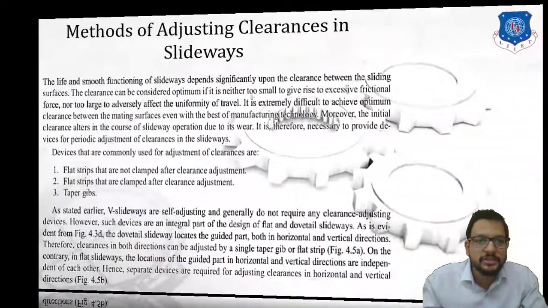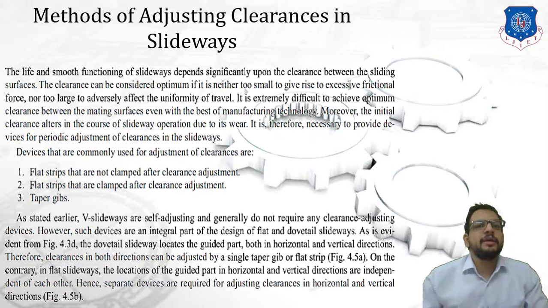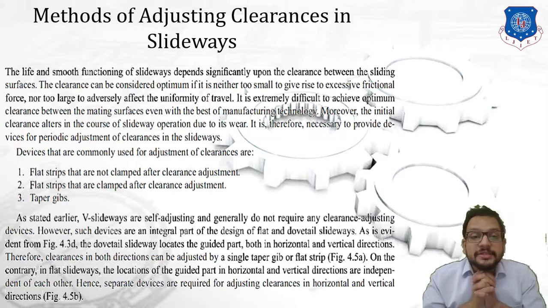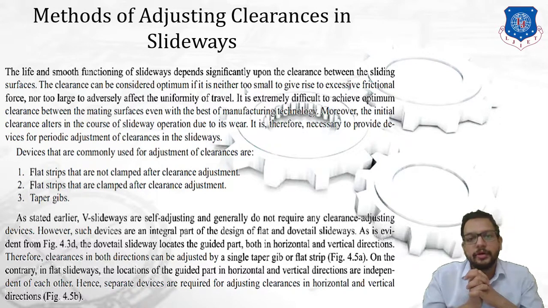Okay, now let us proceed further. We need to see methods of adjusting clearance in slideways. Now, how can we adjust that? The life and smooth functioning of a slideway significantly depend upon the clearance between the sliding surfaces. The clearance can be considered optimum if it is neither too small, raising excessive frictional force, nor too large, adversely affecting the uniformity of travel.